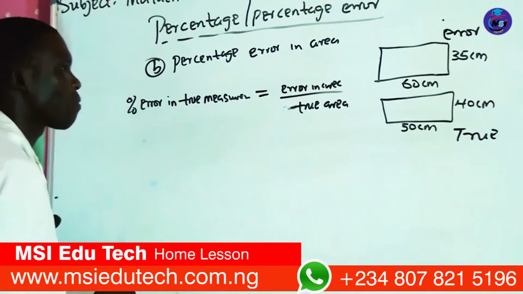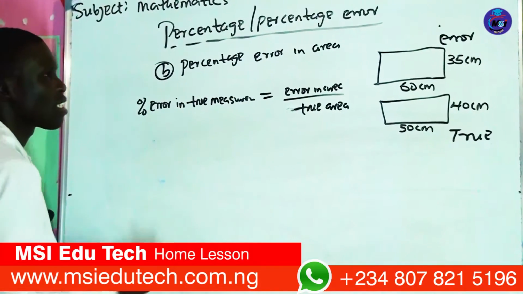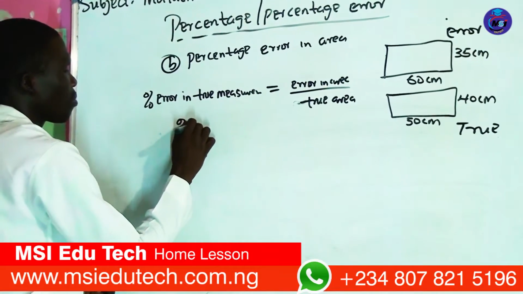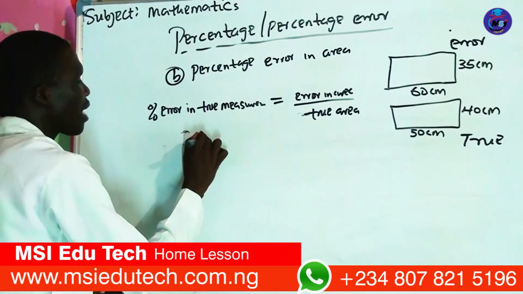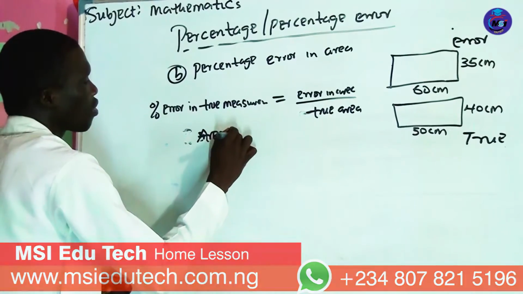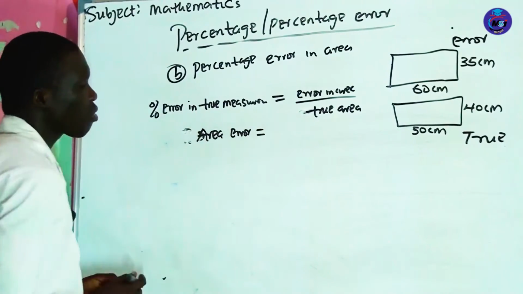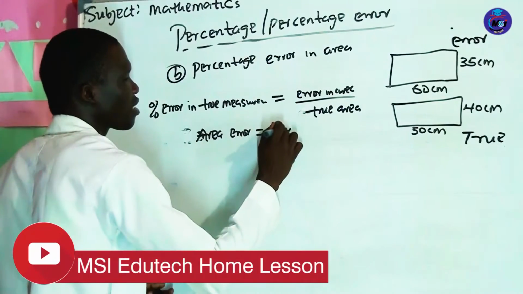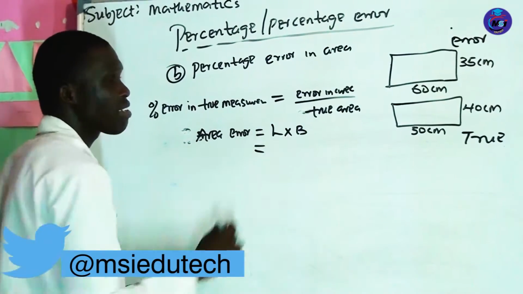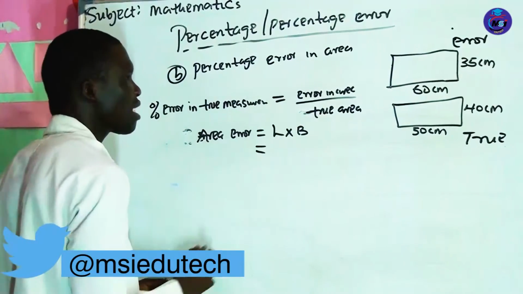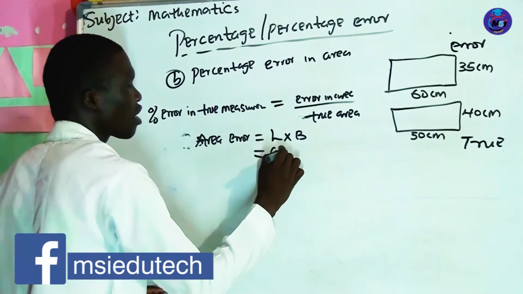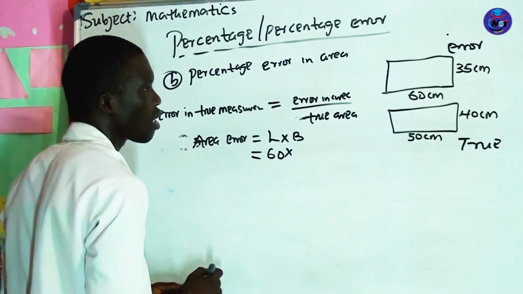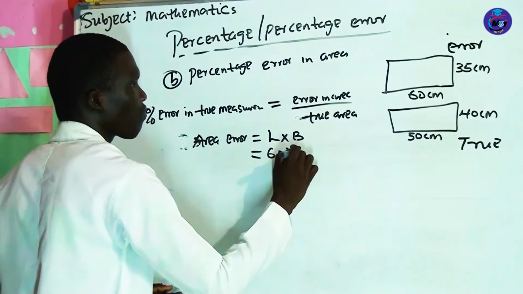Okay, now let's look at from error. We have area error equals length times breadth. That's the area of rectangle. Length times breadth will give us 60 times 35.